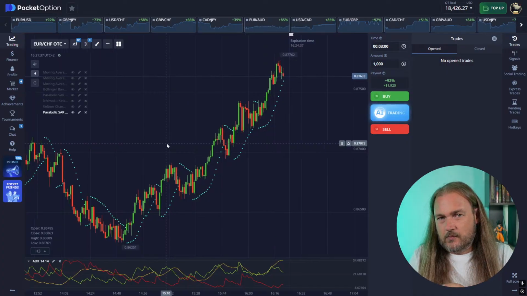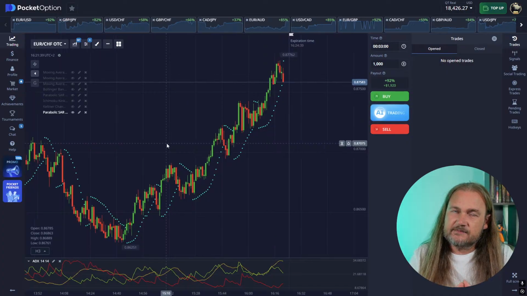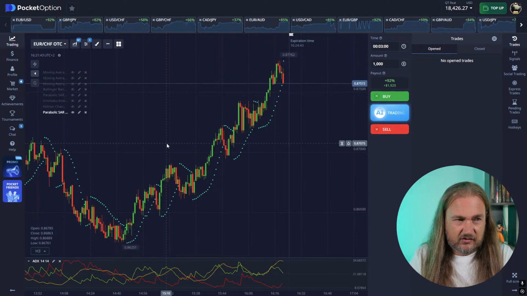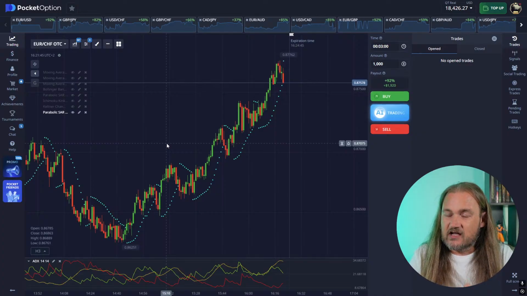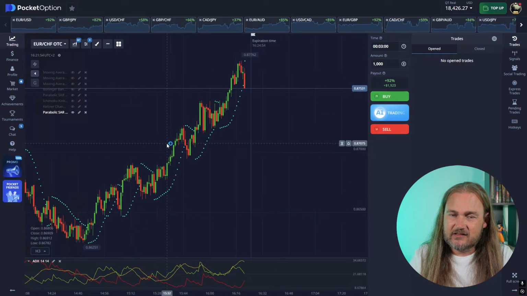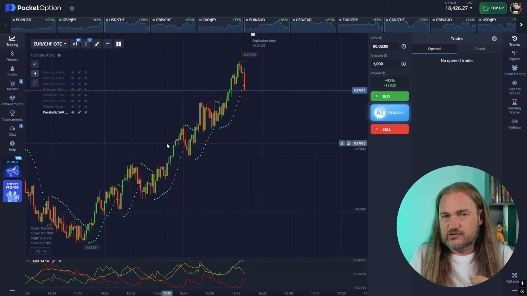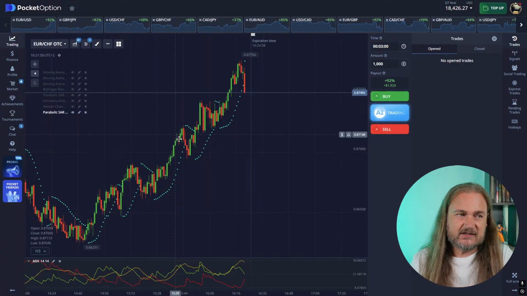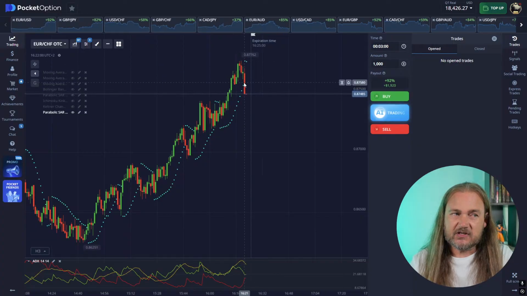So if you understand that, again, I know I say this in every single video that I do, but it's important to understand how we define a bullish trend and a bearish trend. If you're doing any trend trading, you want to catch those corrections, those pullbacks, like what's happening right now.